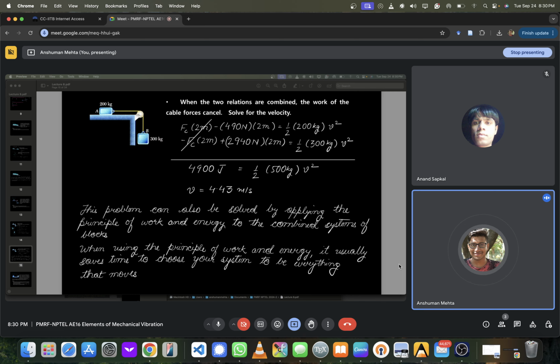So if you have to save time and you don't need knowledge of the constraint force, then you can use the whole system and there won't be any issue.